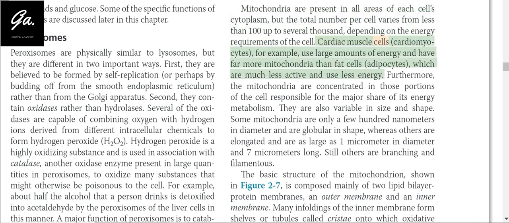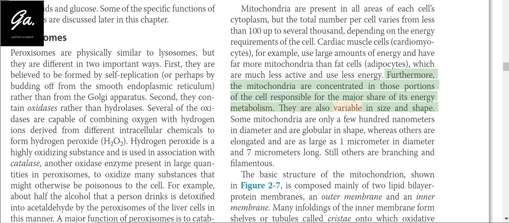Cardiac muscle cells, for example, use large amounts of energy and have far more mitochondria than fat cells, which are much less active and use less energy. Furthermore, the mitochondria are concentrated in those portions of the cell responsible for a major share of its energy metabolism.